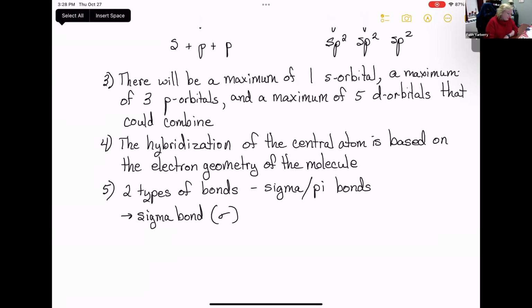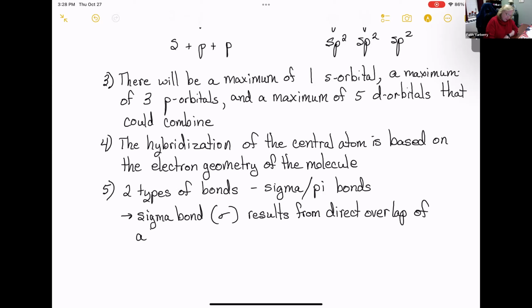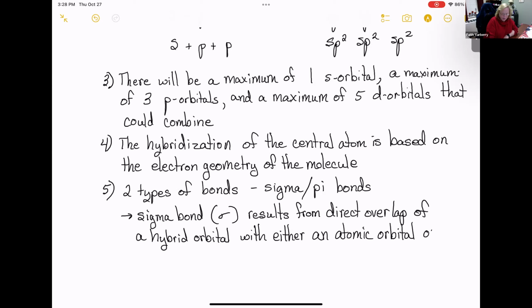The sigma bond results from direct overlap of a hybrid orbital with either an atomic orbital or another hybrid orbital.